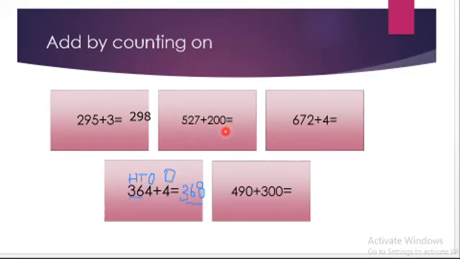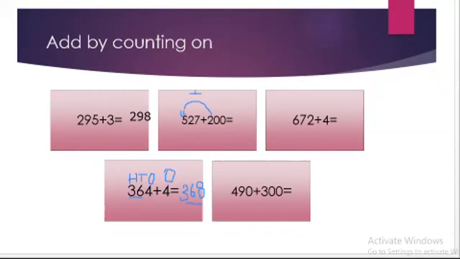So when you do the forward counting by changing the first number only, your answer will be 727. And the next method that I explained to you over here is that you just add the numbers that are here, that 2 is added with the hundreds. 100 will be added with the 100. So you just add these two numbers, that are 5 and 2 makes 7.